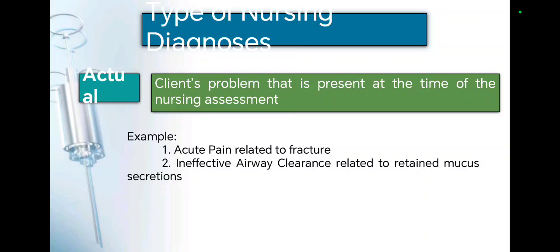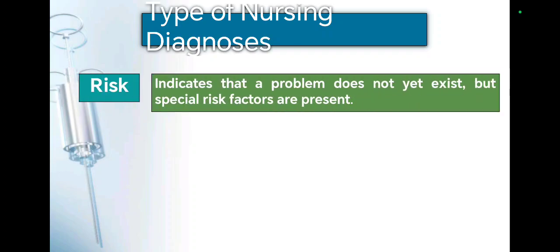So another type of nursing diagnosis is risk. Now, this risk nursing diagnosis is usually used if there is no actual problem on the patient. So this indicates that a problem does not yet exist, but there are special risk factors that are present from the patient. So example, the patient had undergone surgery.